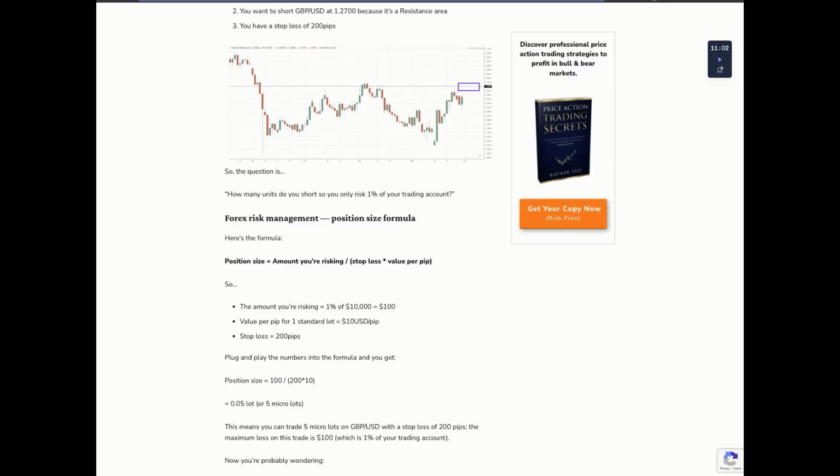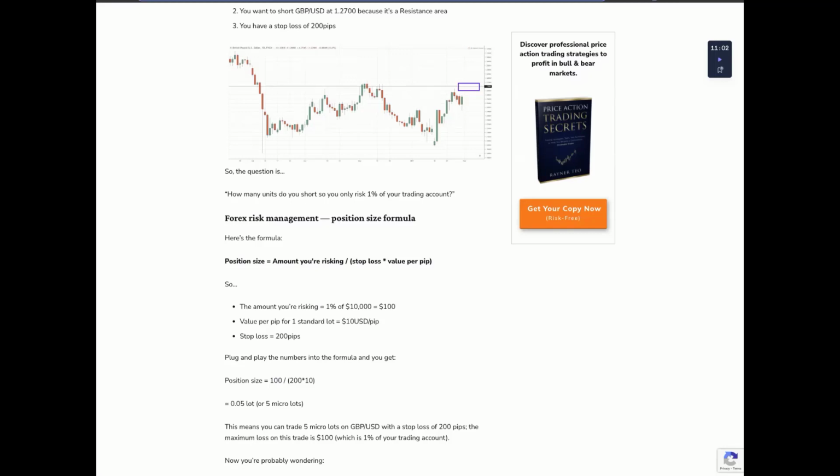Okay. Now, if you are willing to risk 2% of your account, 2% meaning $60, if you do the calculation of $60 here, you will get 0.03.